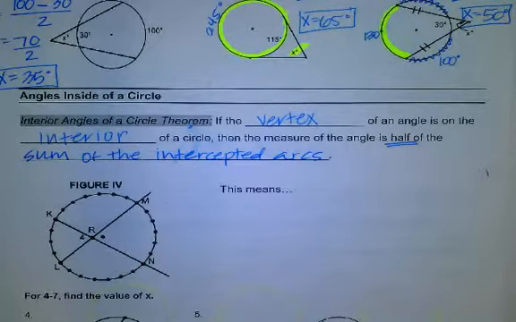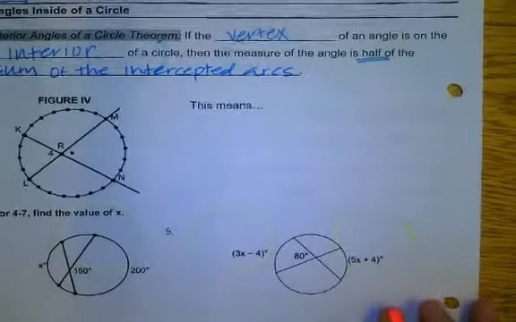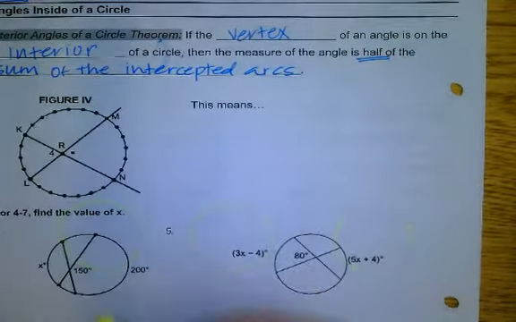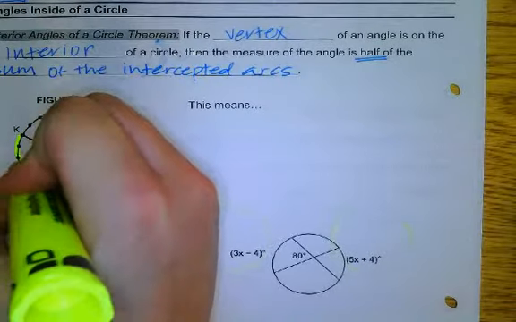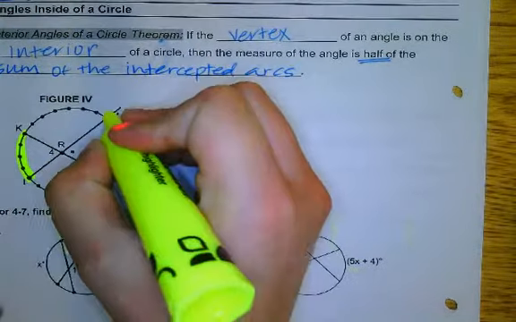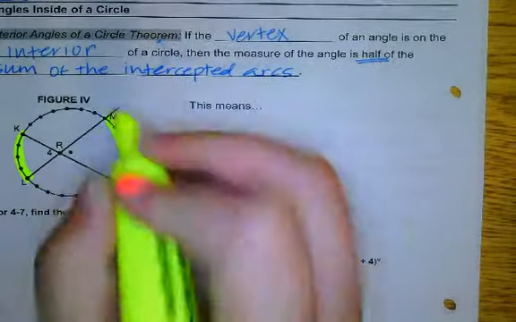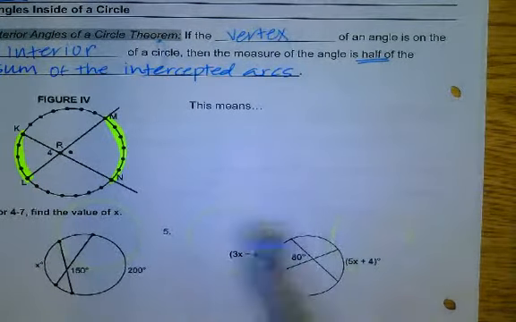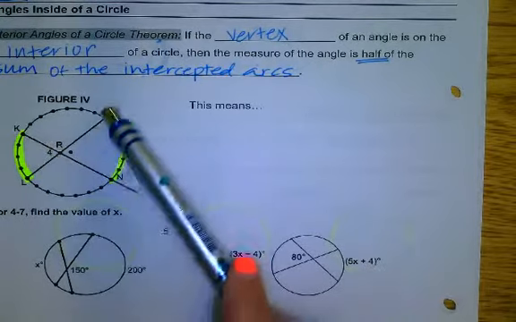Okay, so what this means, if you're looking at figure 4, our two intercepted arcs currently that we're dealing with in relation to angle 4 that's labeled are arc KL and arc MN.